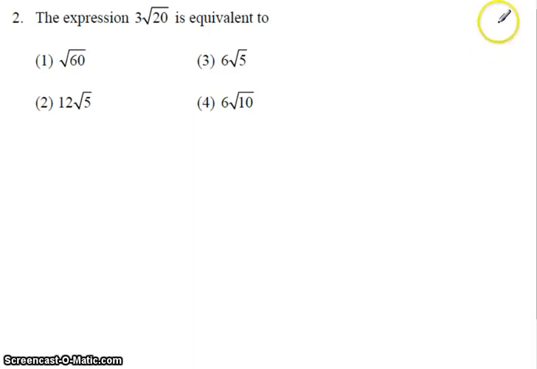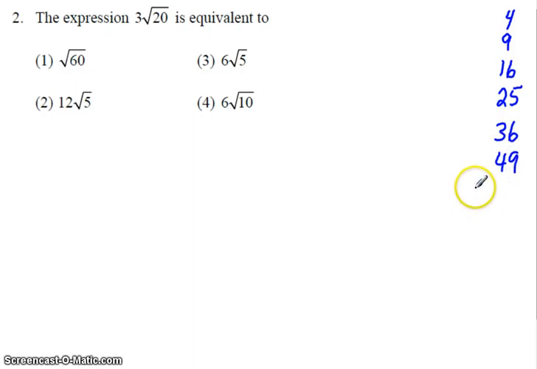Remember what we do: we do our perfect squares list, usually once on our paper, maybe in the upper right corner. 1 squared is 1, 2 squared is 4, 3 squared is 9, 4 squared is 16, 5 squared is 25, 6 squared is 36, 7 squared is 49. I'm going even way further than I need to for this one, because this is 3 square roots of 20.